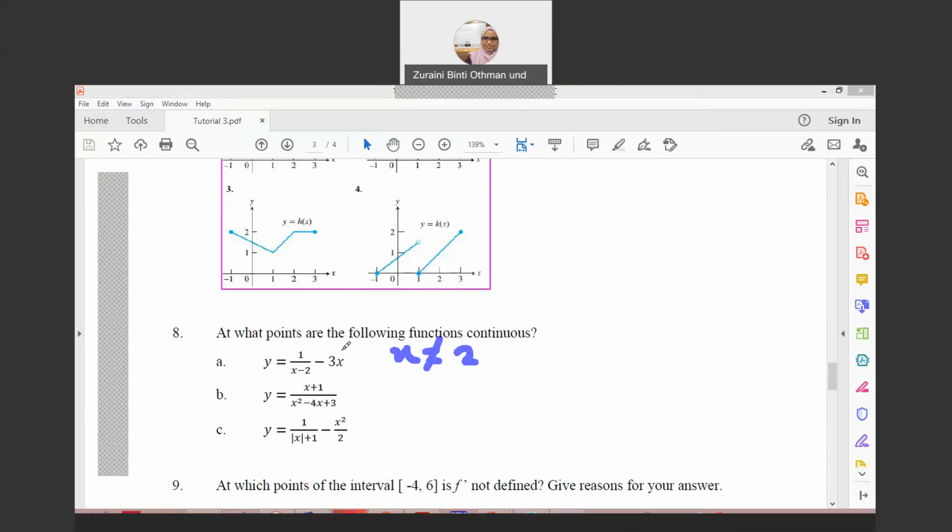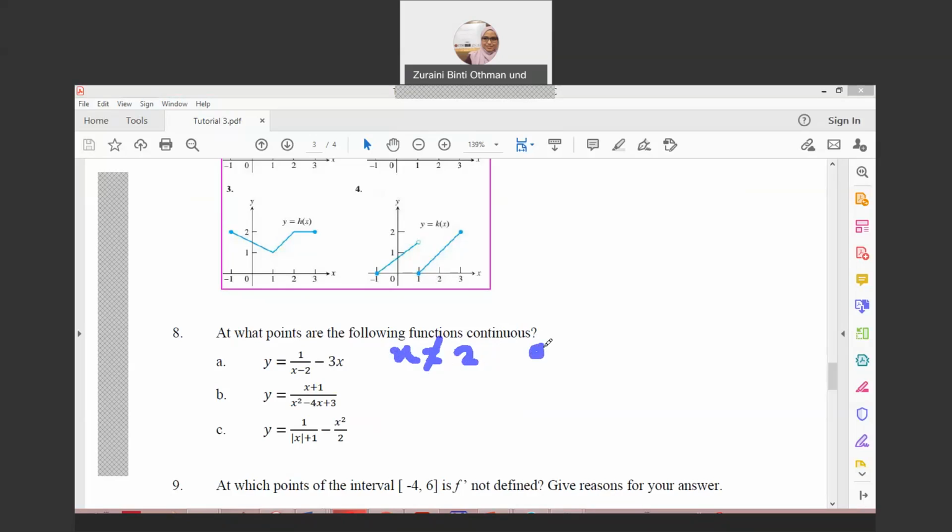Okay, so now at what point is the following function continuous? It will be continuous at any point except for x is equal to 2.